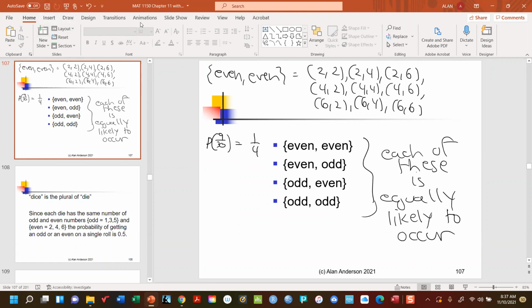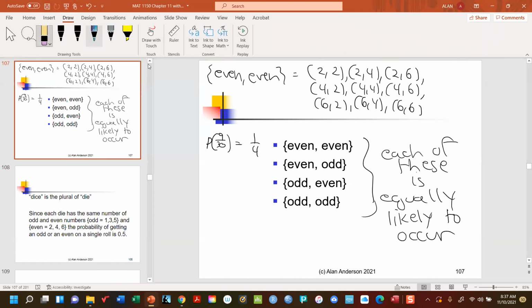So therefore, if even actually represents 9 different outcomes, each of which are equally likely, that implies that this probability is 9 out of 36, which is 1/4. And that's true for all 4 of these. We're not going to go through the entire list each time, but you should be aware that each one of these has a 1 out of 4 probability of occurring.